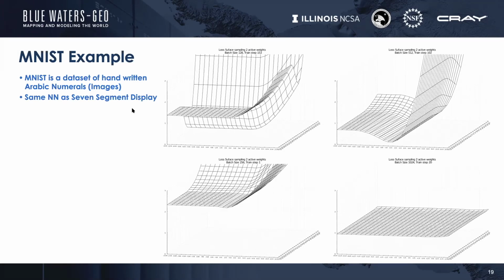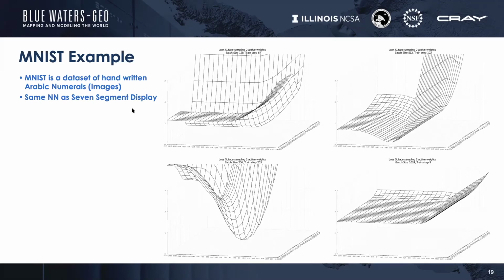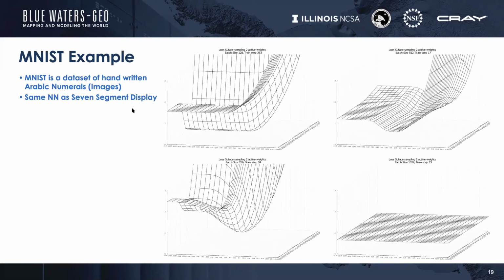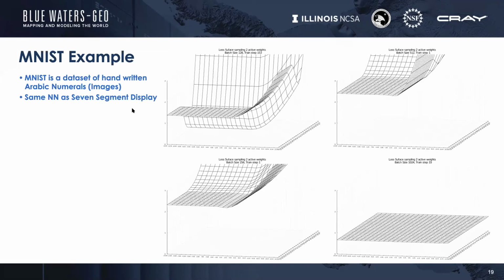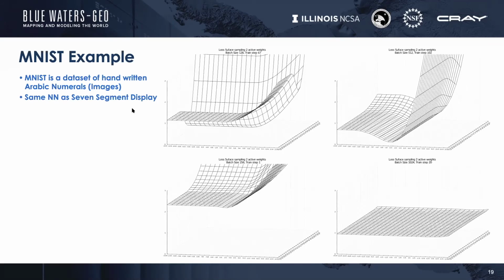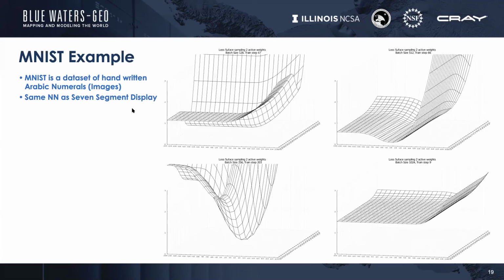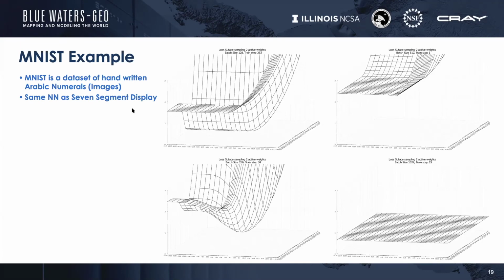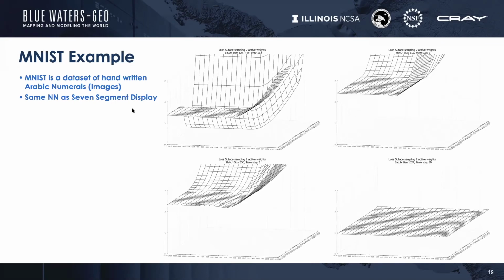And already with this input data being so much higher dimensional, the different batch sizes wind up affecting the loss topography quite a bit more. You'll just have to believe me when I tell you that the larger batch size winds up not generalizing as well. But at the very least, you can see that it has a big effect on what the loss surface looks like.